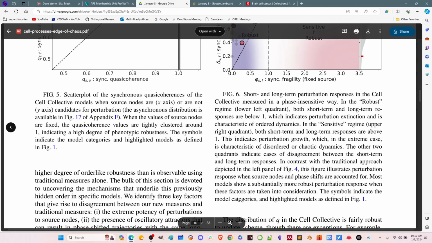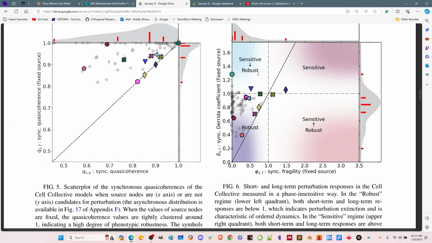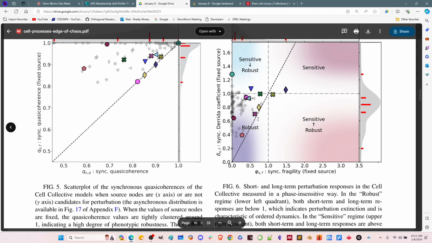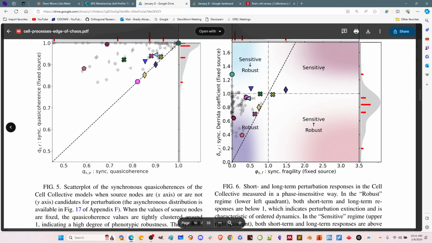The symbols indicate the model categories. So they have this ensemble of models, and they're modeling these different transitions, where the nodes have different states, and they fight it out for which one's going to dominate. Robust is where everything is ordered, and then sensitive is where everything is chaotic.